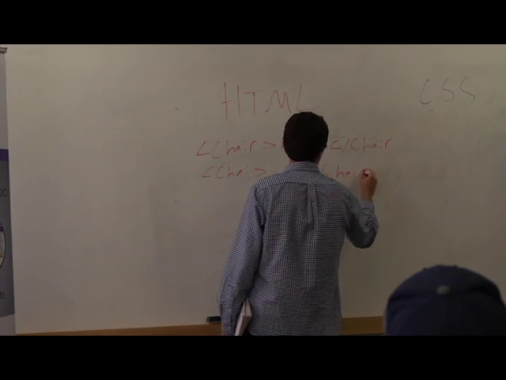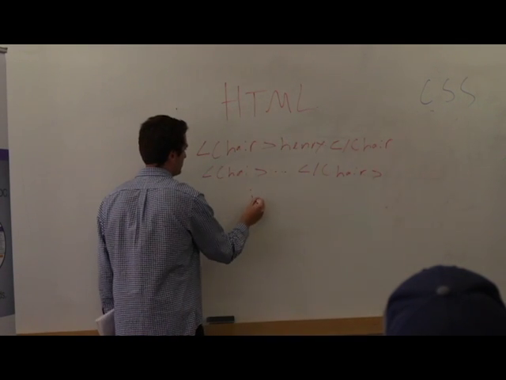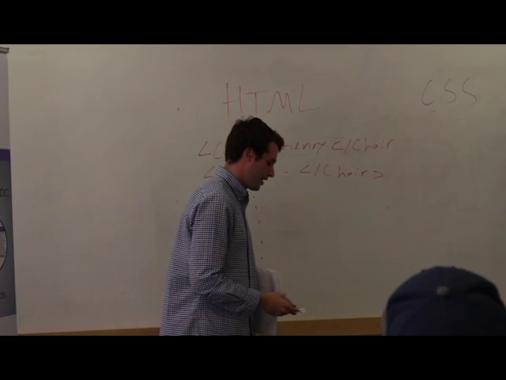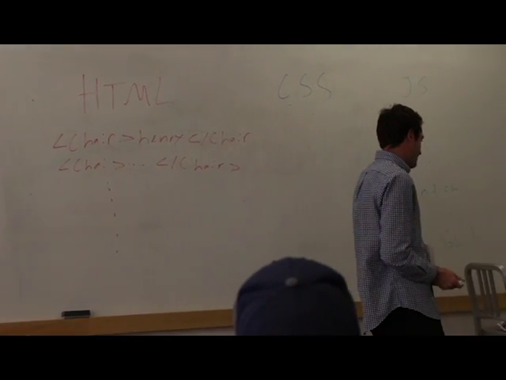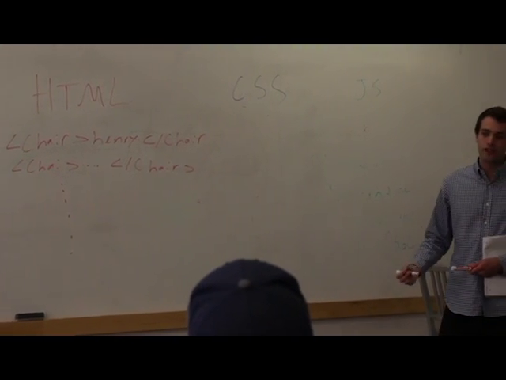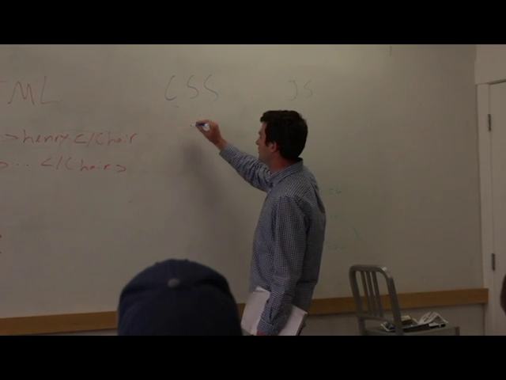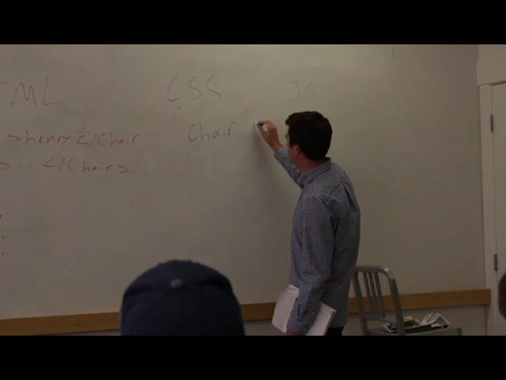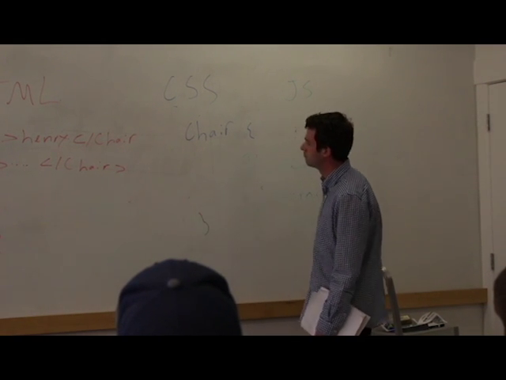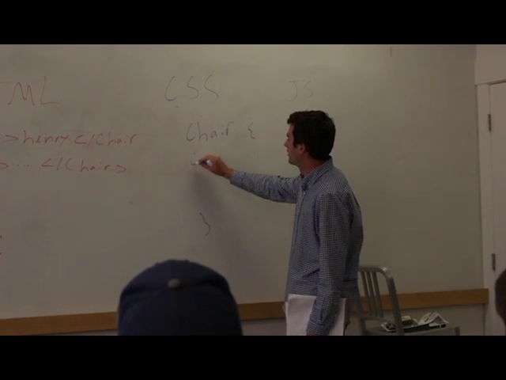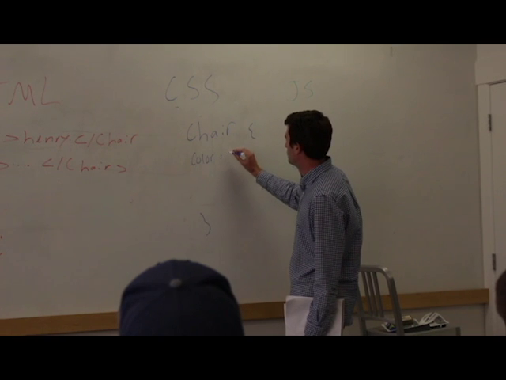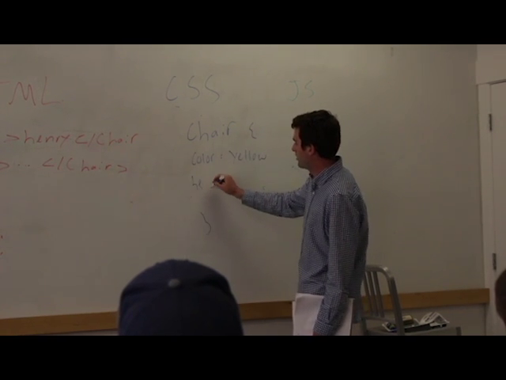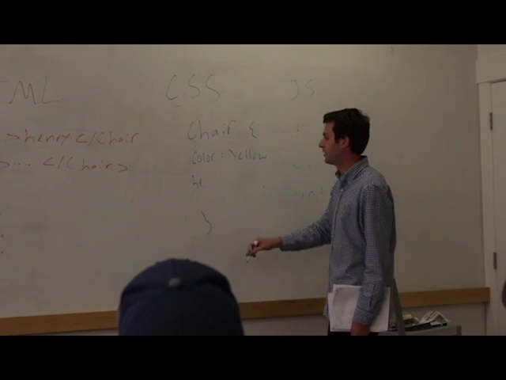A whole list of chairs. And let's say over in CSS, I want to change my chair. So we'll use just the basic selector, chair. Let's make the color yellow, so property color, value yellow.